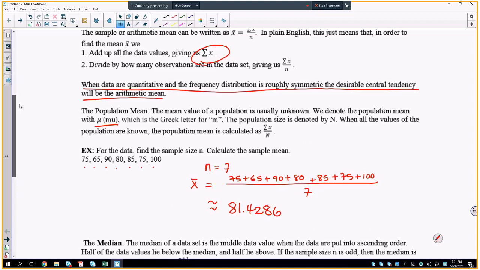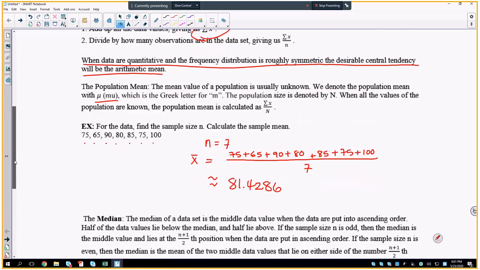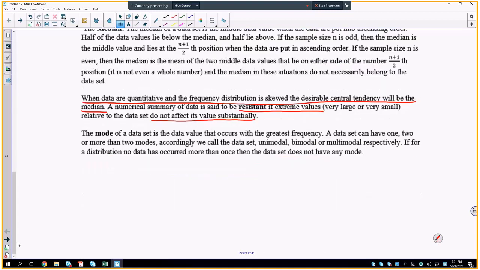But we often have skewed data, skewed to the left or skewed to the right. And if it's skewed to the left or skewed to the right, then we don't want to use the mean. The mean makes no sense at that point. We have to use the median. So this is something we're going to remember for the rest of our lives. If we have skewed data, we use the median because it's resistant, period.